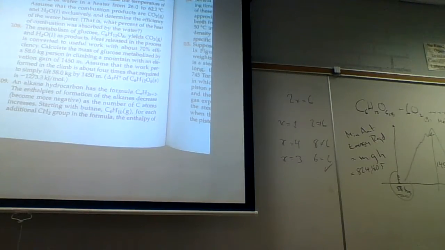Or we probably want this in kilojoules. This would be 3,296.7 kilojoules of energy. And so we need this amount of energy to climb. And all that energy is going to come from metabolism of glucose. And so this is going to turn into a dimensional analysis problem.